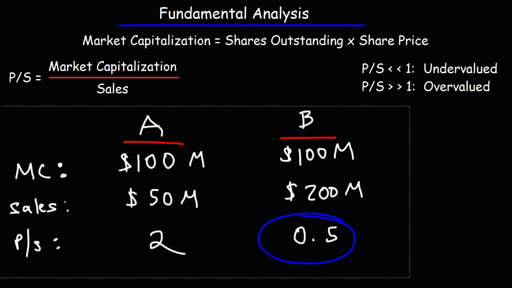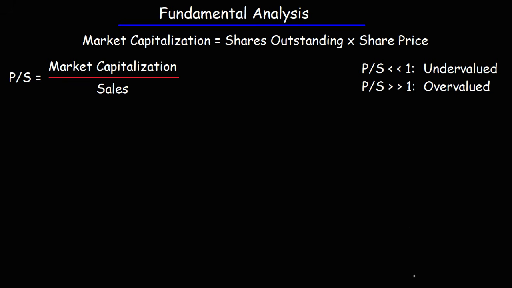Now let's analyze this from another perspective. So this time, let's say we have 3 different companies: company A, company B, and company C. We're going to look at the market cap of each company, the price to sales ratio, and the sales of each of those 3 companies.